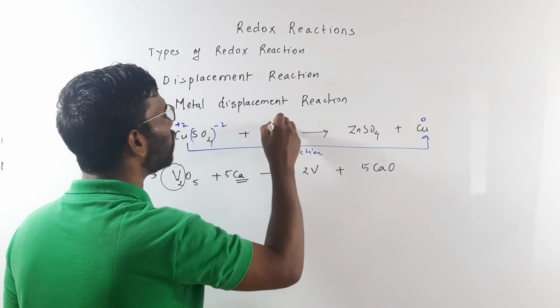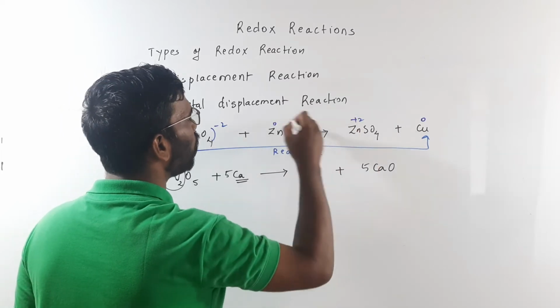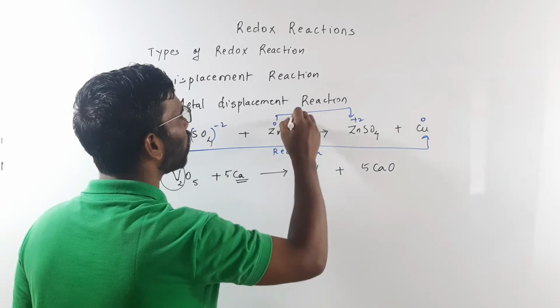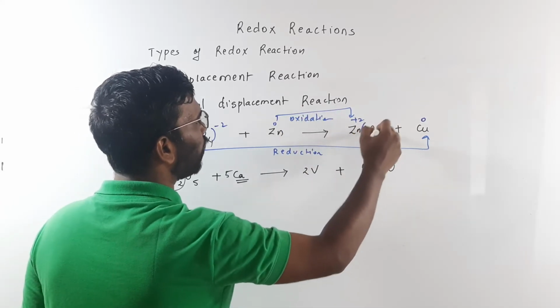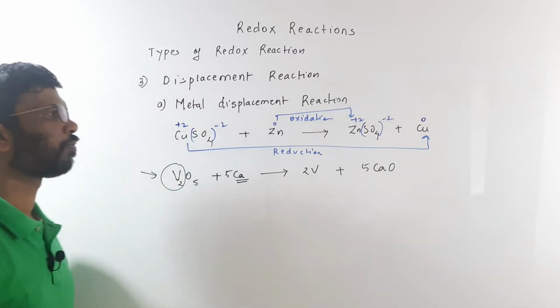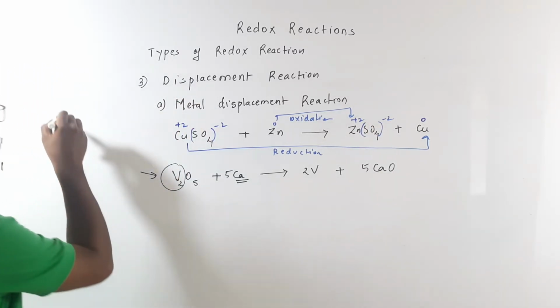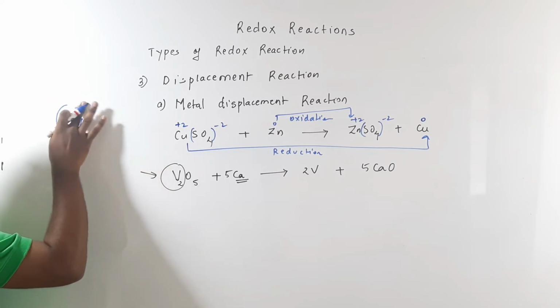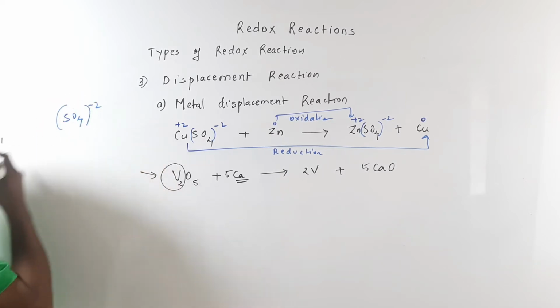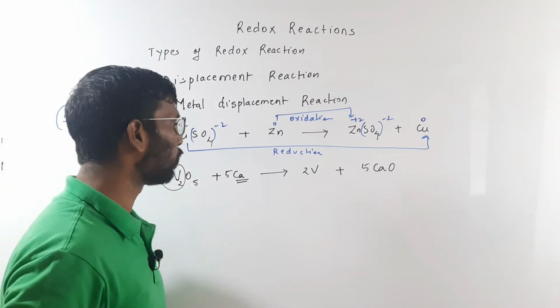And zinc, which was in 0, is getting oxidized to +2. So this is oxidation, right? And this will be -2. Remember, the whole sulfate ion is in -2 oxidation state. The charge on a sulfate ion is -2.